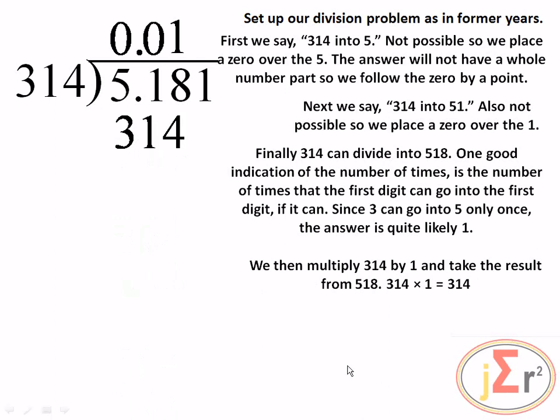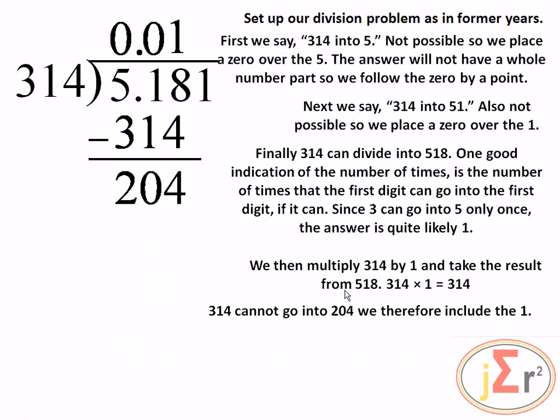So 314 multiplied by 1 is 314, and we subtract that from 518, and the result is 204. It's fast and direct. 4 from 8 is 4, 1 from 1 is 0, 3 from 5 is 2. Nice. 314 cannot go into 204.